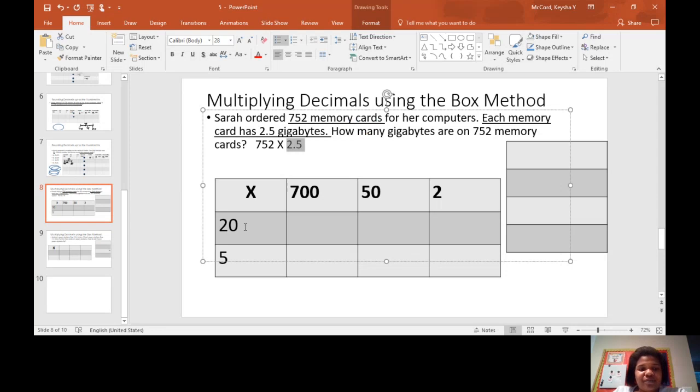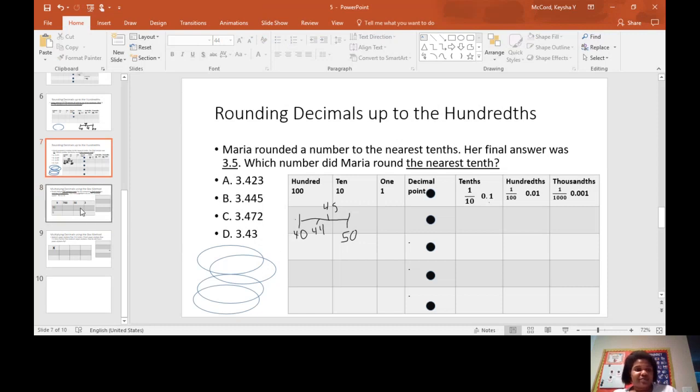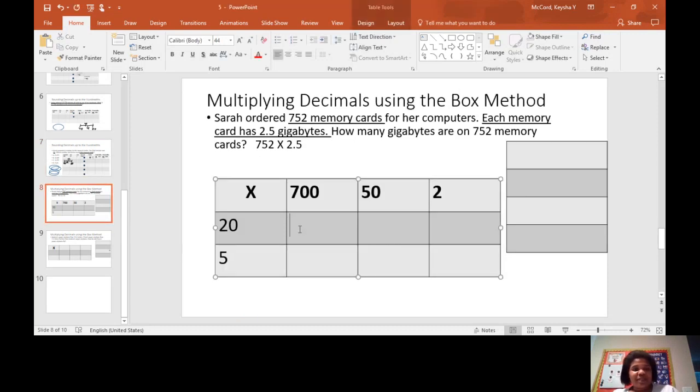So let's get started. I'm going to multiply 20 times 700. I know 2 times 7 is 14, and then I'm going to count how many zeros I have: 1, 2, 3. 20 times 700 is 14,000.